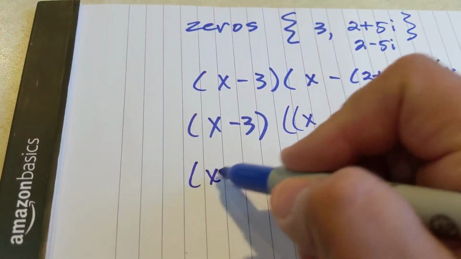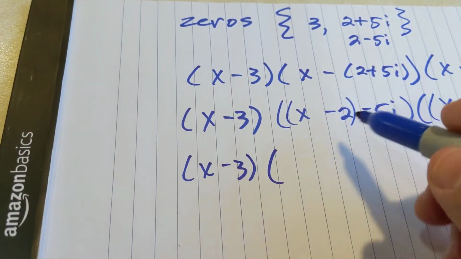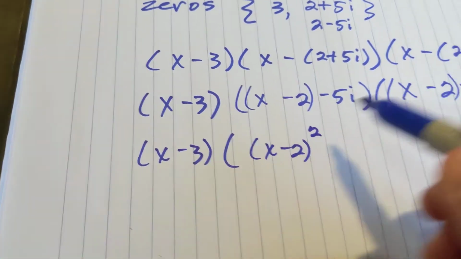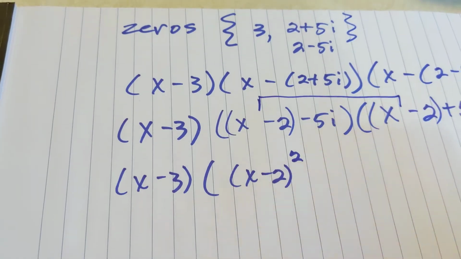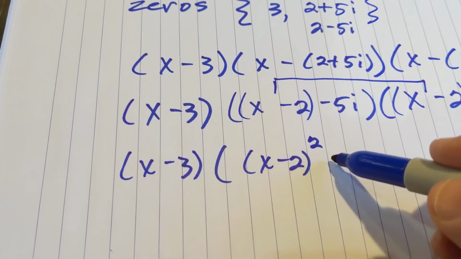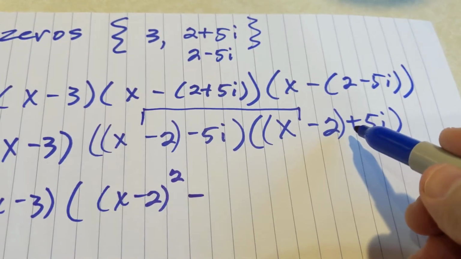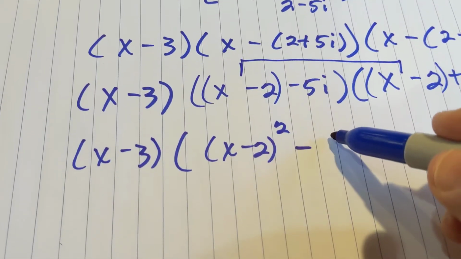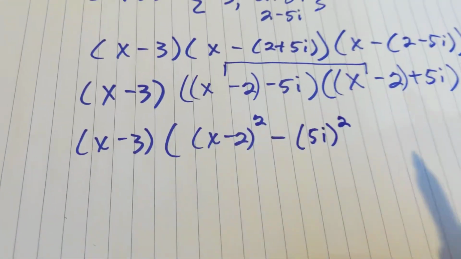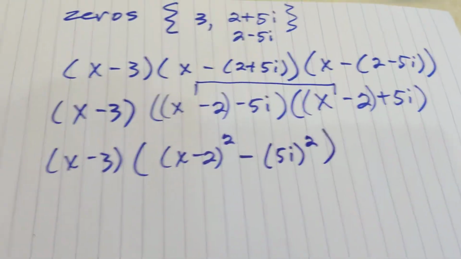The beautiful thing about a conjugate is that you only have to multiply the first and the last terms together. So I'm going to do x minus 2 times x minus 2, which is x minus 2 squared. And then a negative times a positive is a negative. And then I'm going to do 5i times 5i, which is 5i squared.